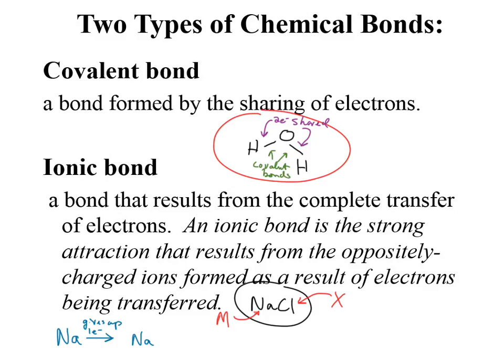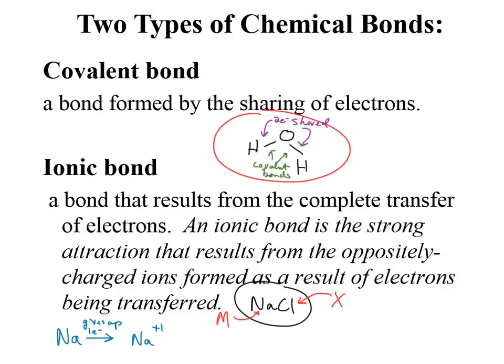Sodium always has 11 protons. So if it's neutral, it has 11 electrons. Now it gave up 1 electron, so now it has 10 electrons. It's deficient 1 electron, so it has now a +1 charge.